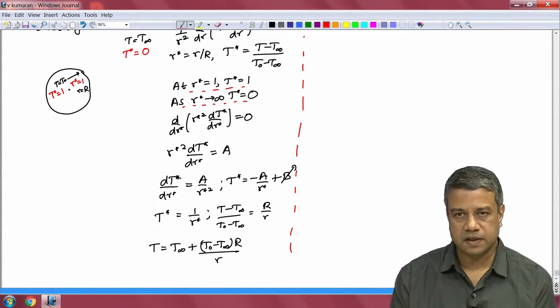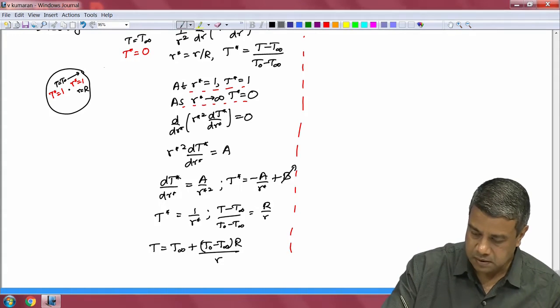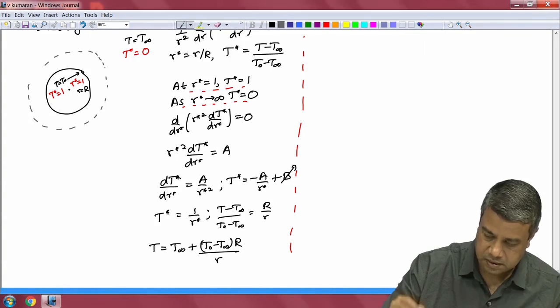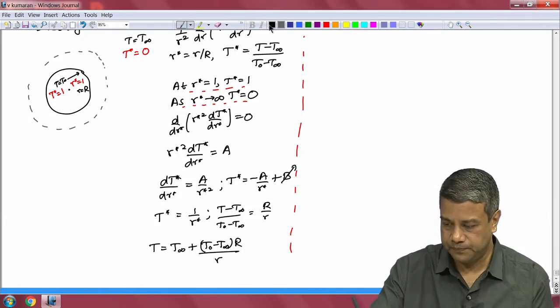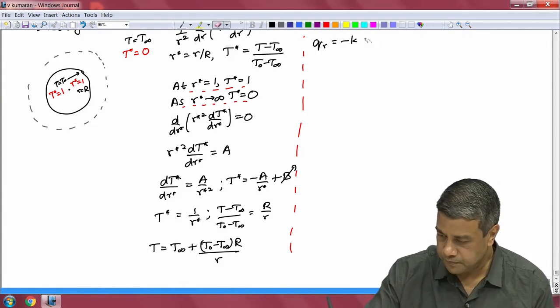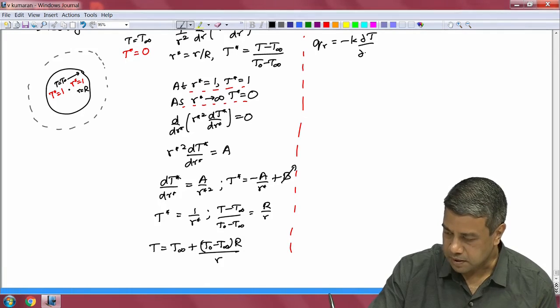What is the heat flux on a surface at a distance r from the origin? Qr is equal to minus k partial T by partial r.